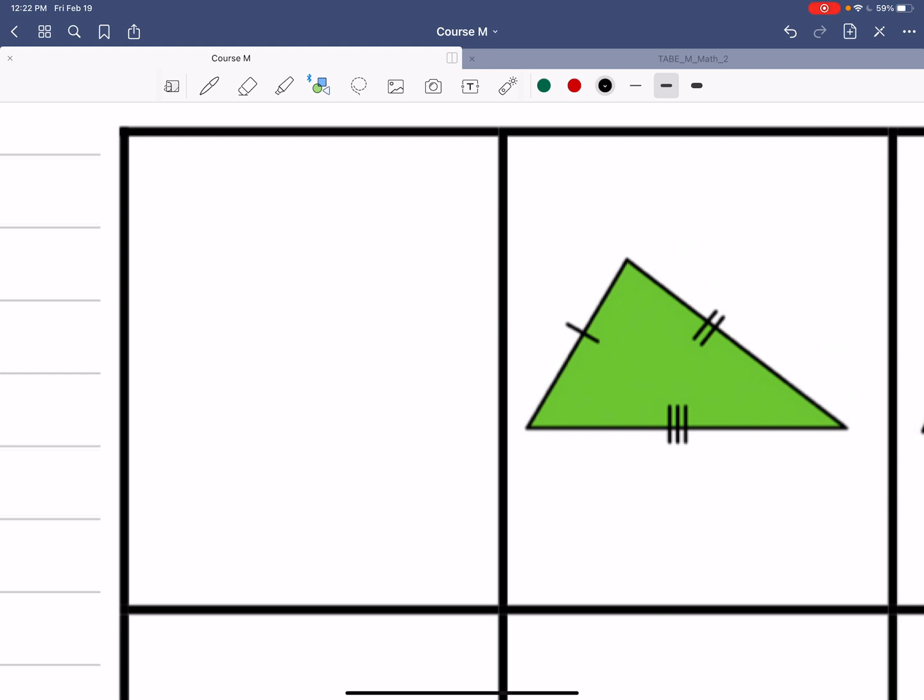We have three sides that are all different. So that tells me that this is a scalene triangle. I can look at that picture and tell you this is a scalene triangle. It has no equal sides.